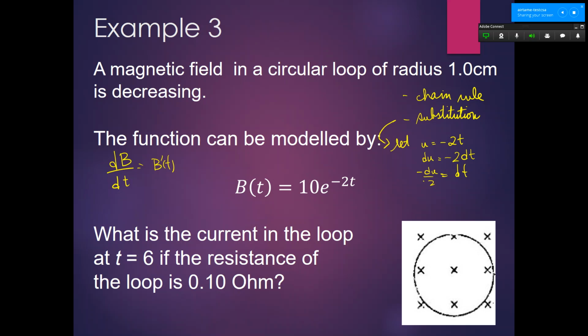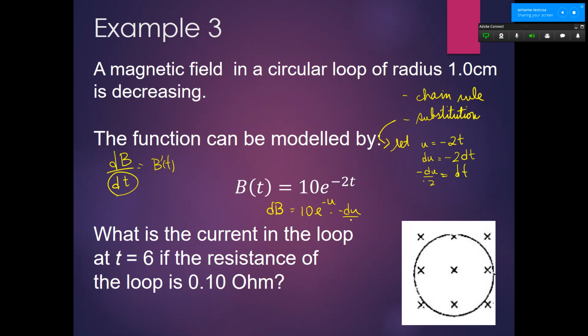And I can say that 10 e to the negative u is going to be equal to my dB over dt, but now my dt has changed, so I can bring the 2 over upwards. dB is going to be equal to times negative du over 2.